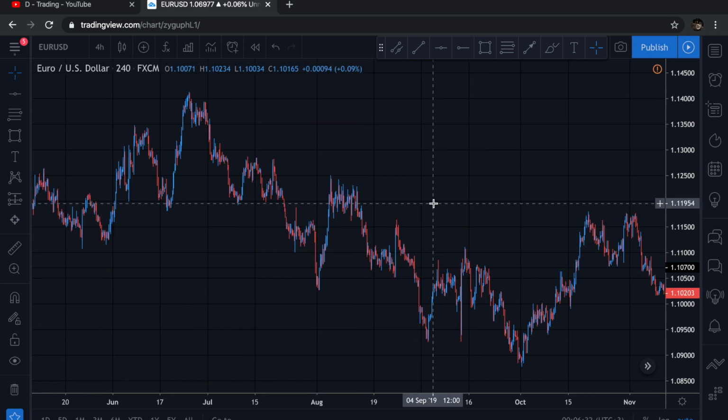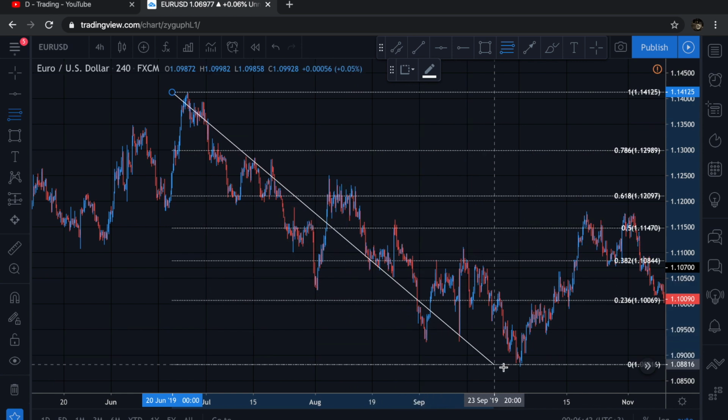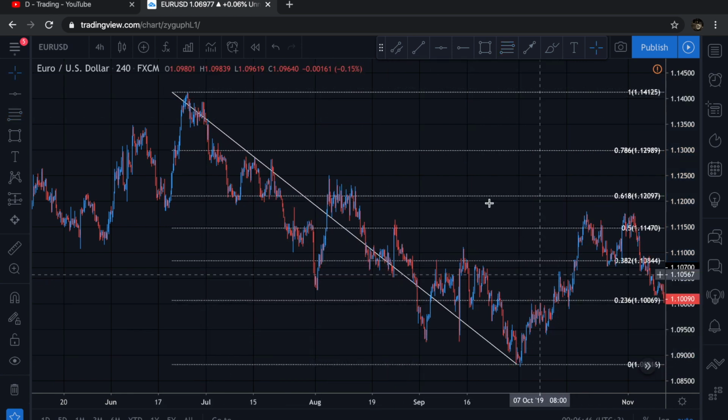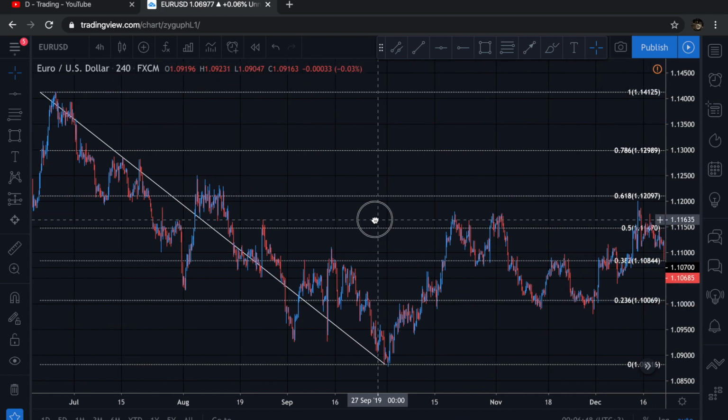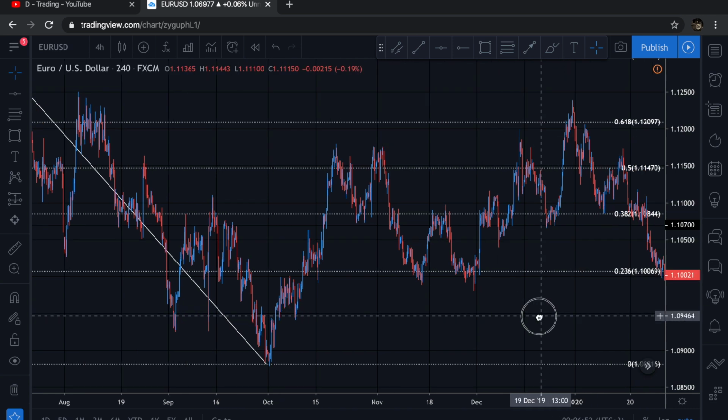Now, over here, this is a downtrend, a huge downtrend. Remember, the bigger the trend is going to be, the more the profit you're going to get. So this starts over here and ends over here. Now, this is a very big move. So I'm just going to wait for the market to come hit 61.8.